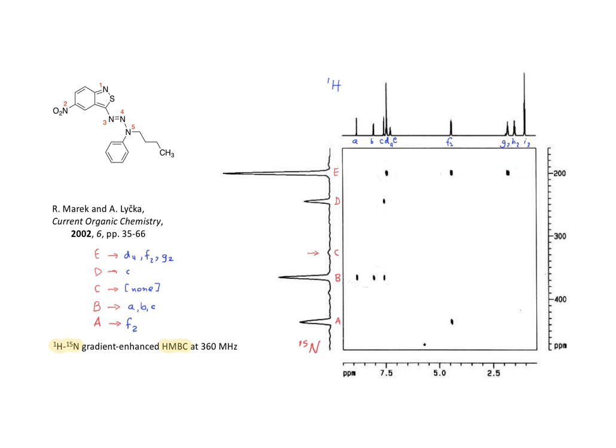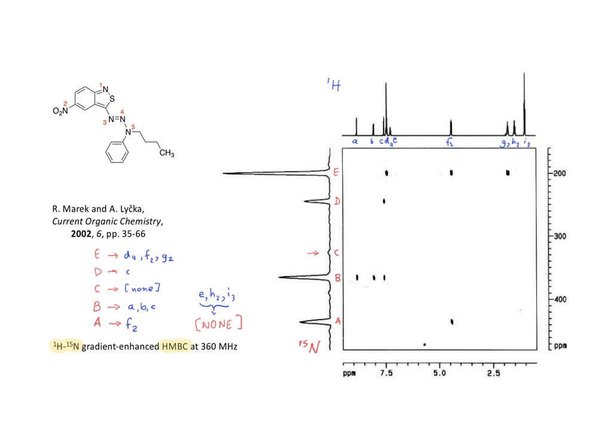The protons E, H2, and I3 have no correlations with nitrogens, indicating that there are too many bonds between protons and a nitrogen to show up in the multiple bond correlation experiment.